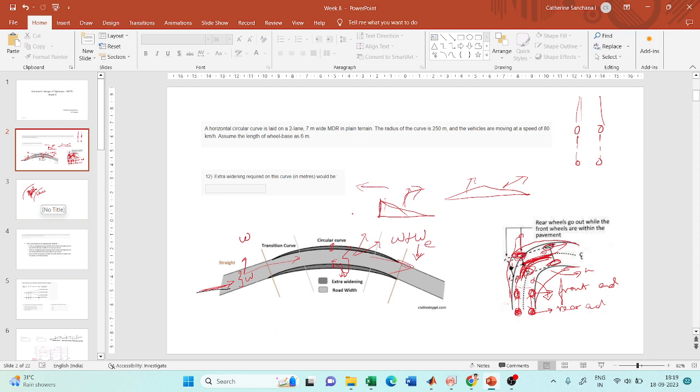So this extra widening has to be a summation of the mechanical widening and the psychological widening. Now we will see how to find mechanical widening and psychological widening for this problem.